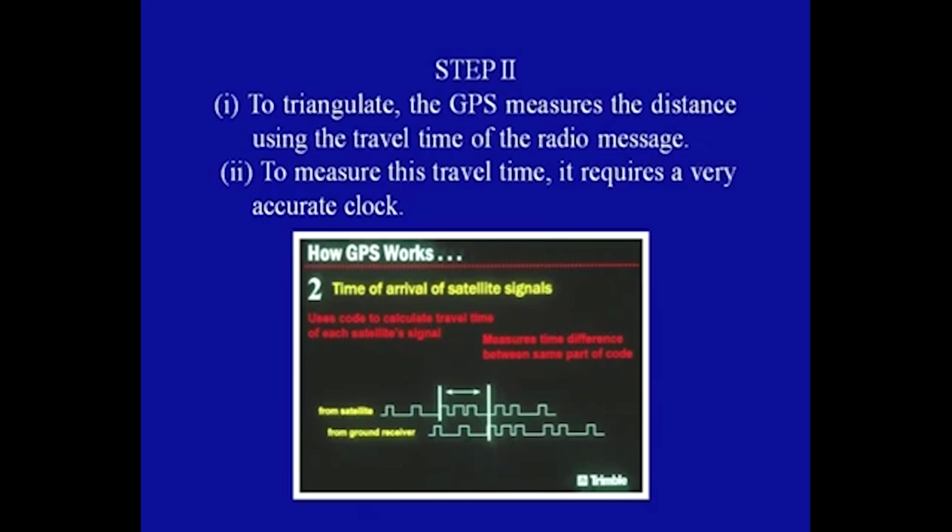The same has been illustrated at the bottom part of the slide, wherein one can see the signal pattern as it has been received from the satellite and the signal pattern as it has been received at the ground level. Based on this, the distance from the 4 satellites will be determined to triangulate the GPS position.